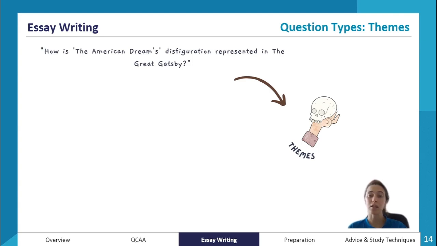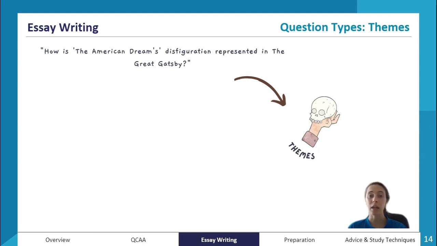Themes. Now, this is one of the most common question types about those concepts and themes that are in a text. How is the American dream's disfiguration represented in The Great Gatsby? So we've got this idea of the American dream, we've got this idea of disfiguration, and you're going to have lots of themes in all of your texts.